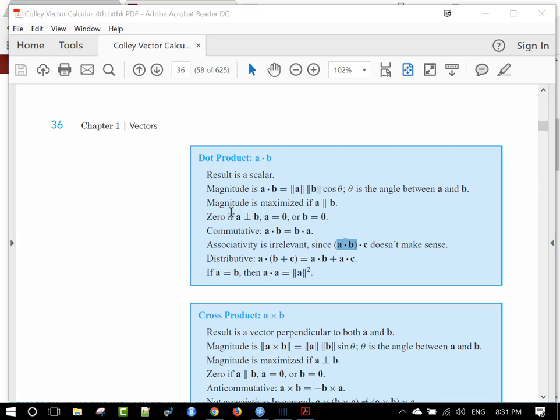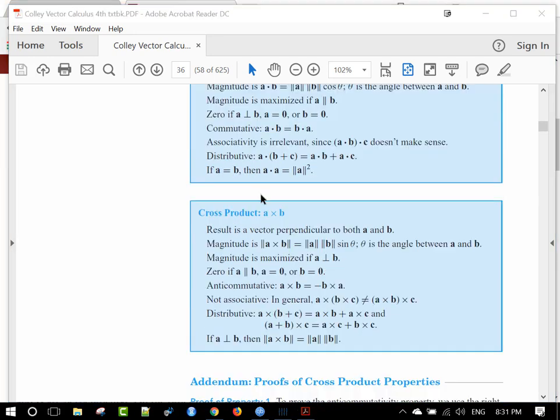I'm not sure what they mean by this, but oh, I guess they mean if you're doing this, and if A is equal to B, then you have A dot A.